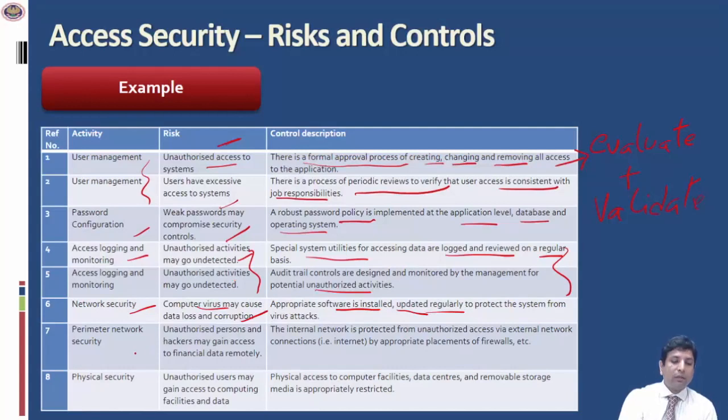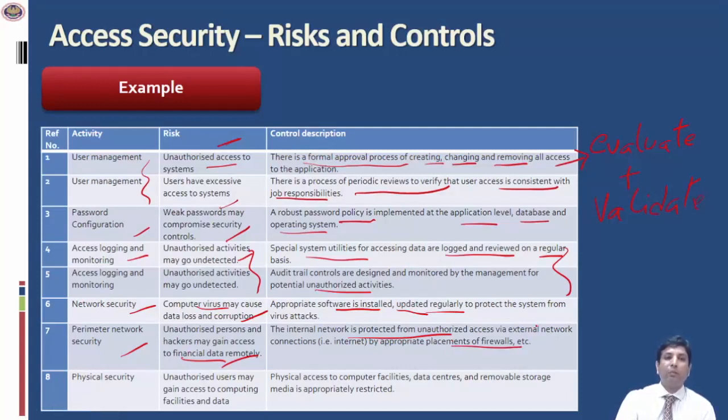At the network security layer, the risk is unauthorized persons and hackers may gain access to financial data. Only if this risk relates to financial data may we want to consider this as relevant for the audit. In this case, the internal network is protected from unauthorized access via external connections by the placement of firewalls and other network equipment.